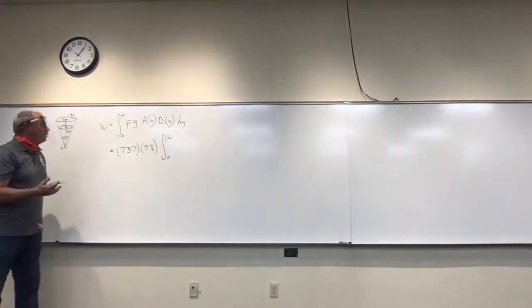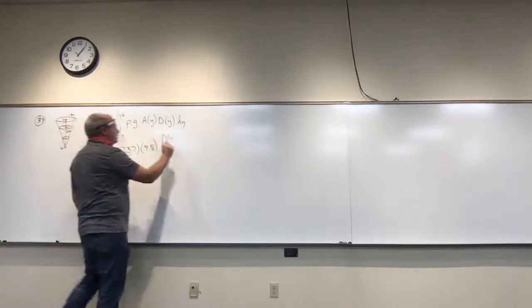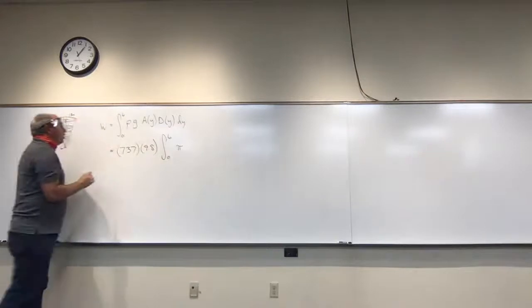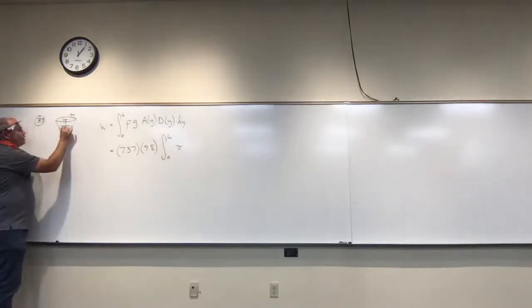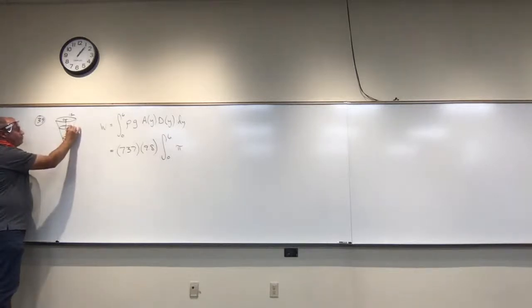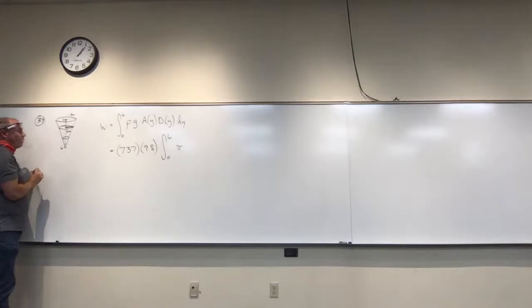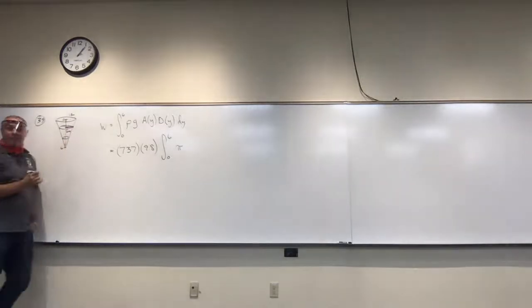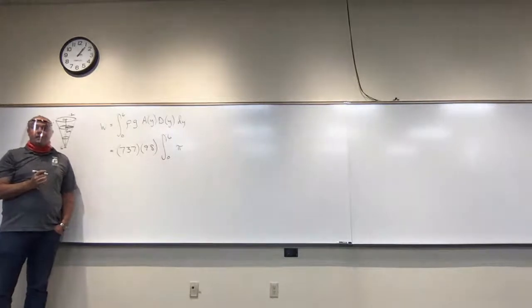So the area is going to be pi r squared, but what is r? R in this case is some functional value. So what is this point right here if I'm sitting at y? That's the question. In other words, what is the equation of that line in terms of y?